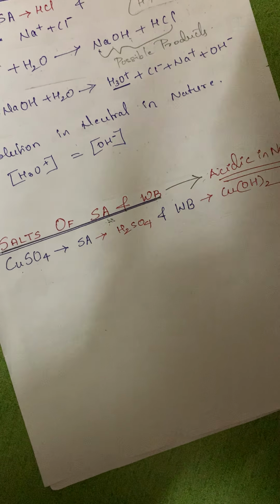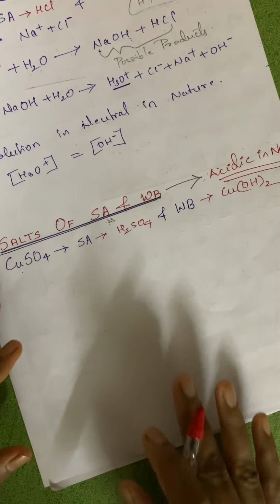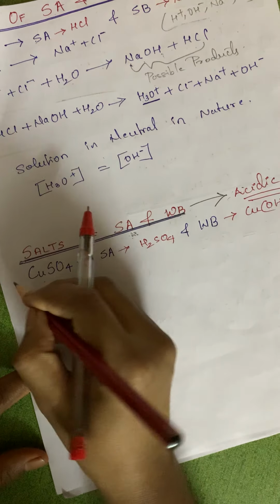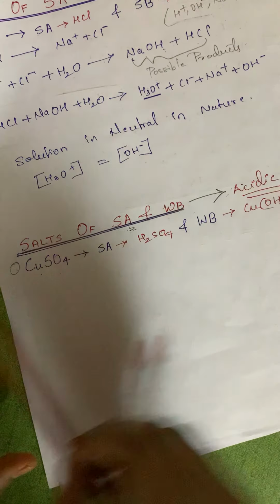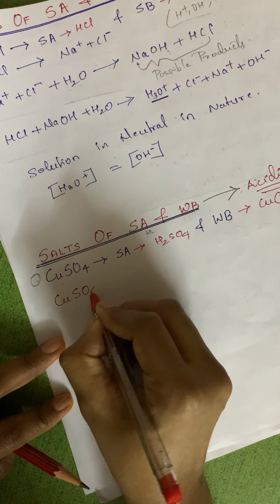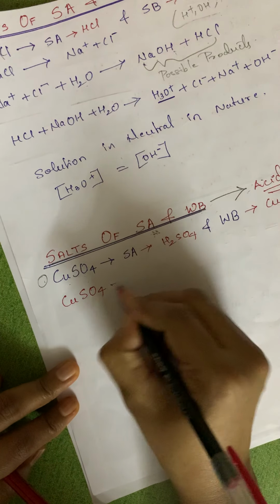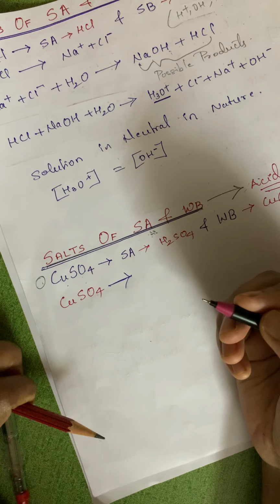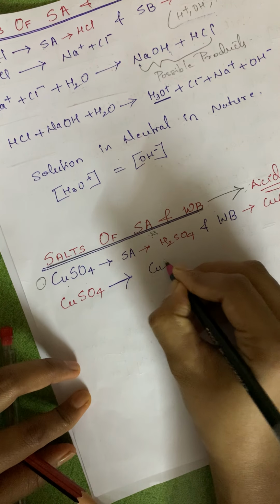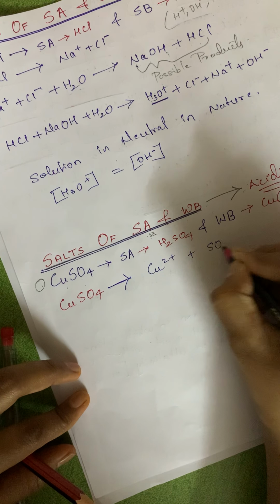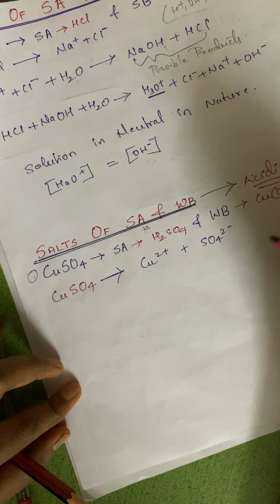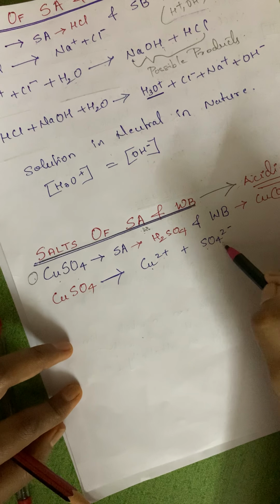Now the next thing I'll be writing over here is similar to this. Once I have done the first step, the second is that when copper sulfate is dissociated in water, the salt will be completely dissociated as Cu2 plus and SO4 2 minus.